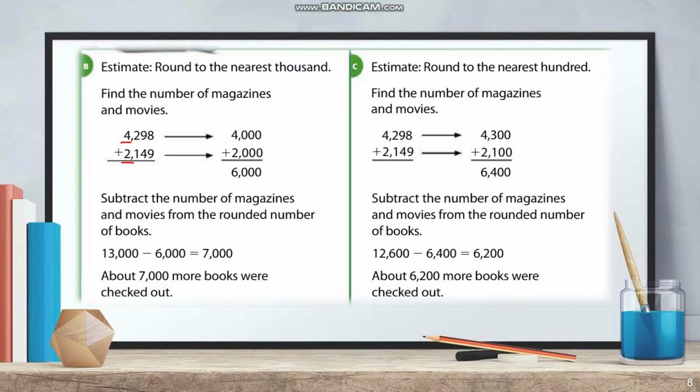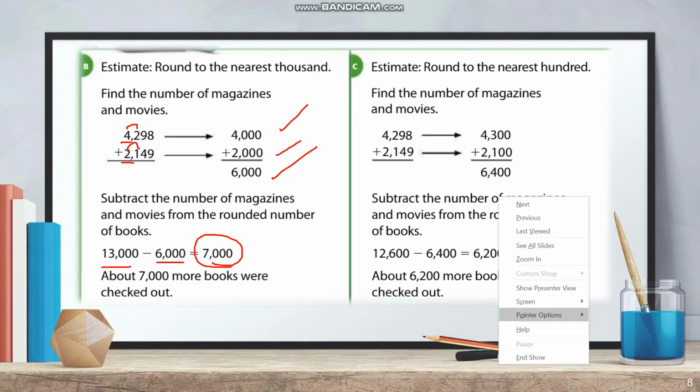So 4 is followed by 2, so it becomes 4,000. 2 is followed by 1, so it becomes 2,000 when I round to the nearest thousand. So 4,000 plus 2,000 is equivalent to 6,000. So subtract the number of magazines and movies from the rounded number of books. So we have 13,000 minus 6,000. So the answer is about 7,000 more books were checked out.